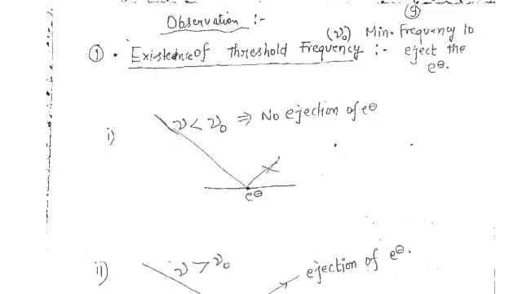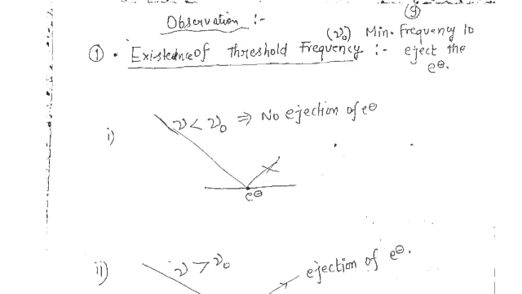Now let's see the observations, because whatever expectations we had are completely dependent on the classical theory. But now, what we observed after the experiment, the first observation was the existence of the threshold frequency, or we call it threshold energy.